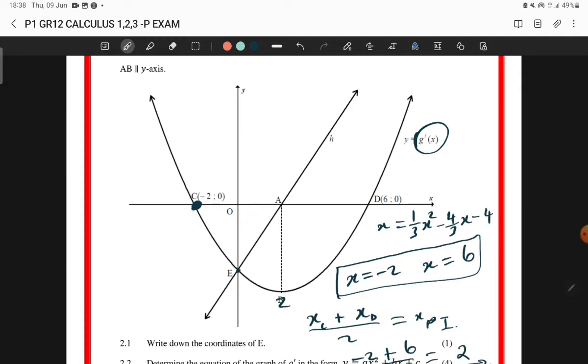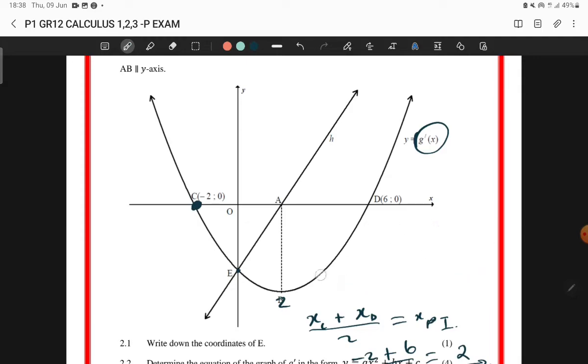We need to remember that this is the gradient graph. If we draw the line here, the gradient before -2 was positive, because it is above the x-axis. And after -2, you can see that the gradient is negative because it is now below the x-axis.